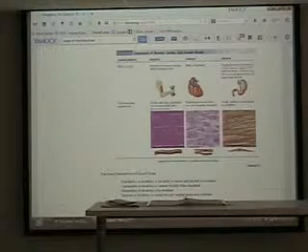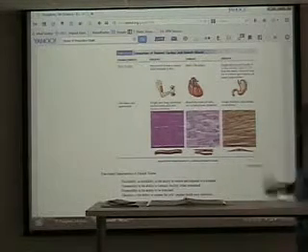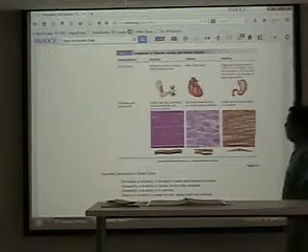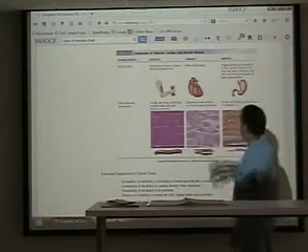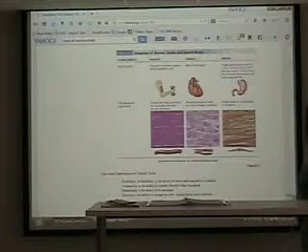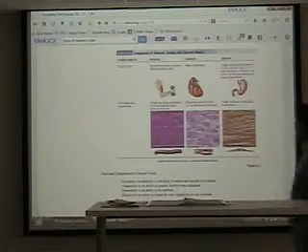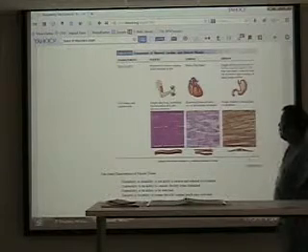So what kind of questions could I ask? I could show the picture, you identify it. I could ask you, which of the following are multinucleated? You'll answer skeletal, cardiac. I could ask, which one only has one nucleus per cell? Which one is fusiform with no striations? And that's smooth.